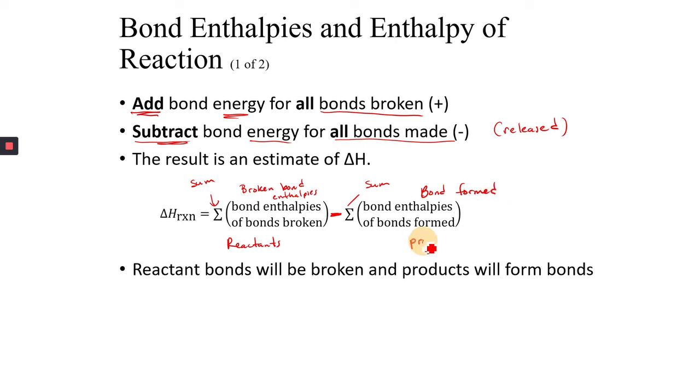And these are in your products. So reactant bonds will break, product bonds will form. Not to be confused with Hess's law. Hess's law had your products minus your reactants, okay?